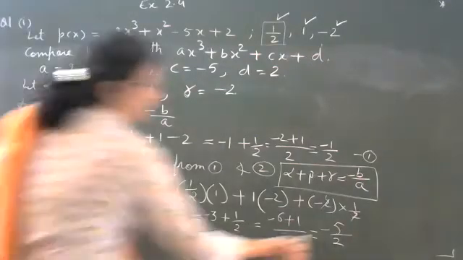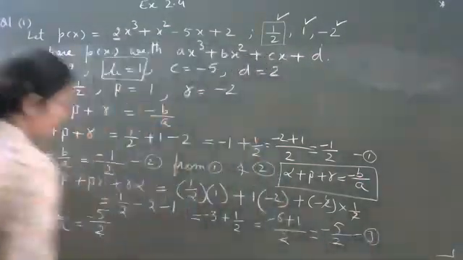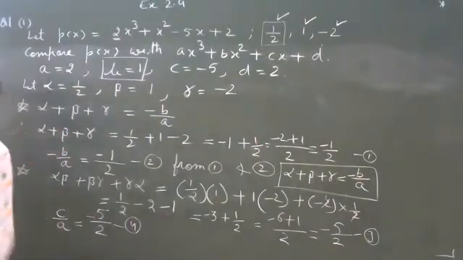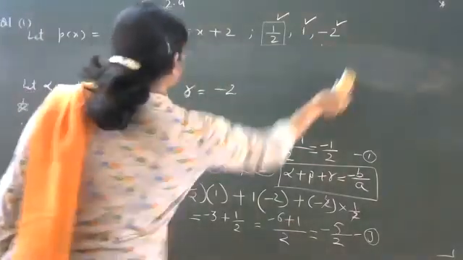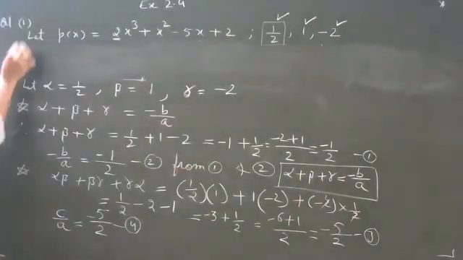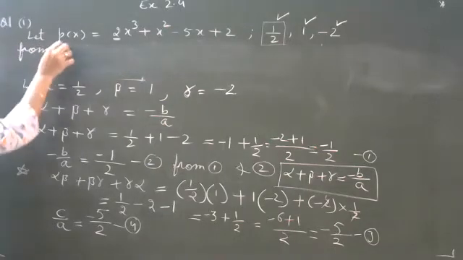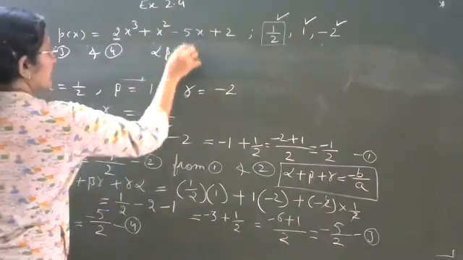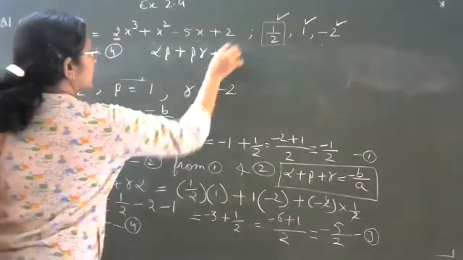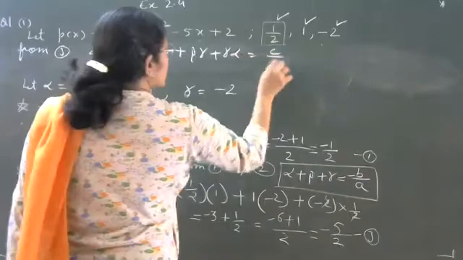Now from the relation 3 and 4, from 3 and 4 we can say alpha beta plus beta gamma plus gamma alpha is equal to c over a.